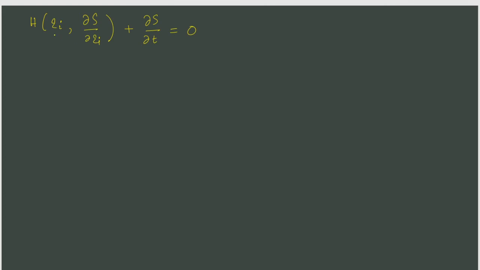Instead of writing q1 to qn and the derivatives del S del q1 to del S del qn, we are simply writing qi and del S del qi. If I write it in full form, both are the same. The above one is basically just a simpler notation.